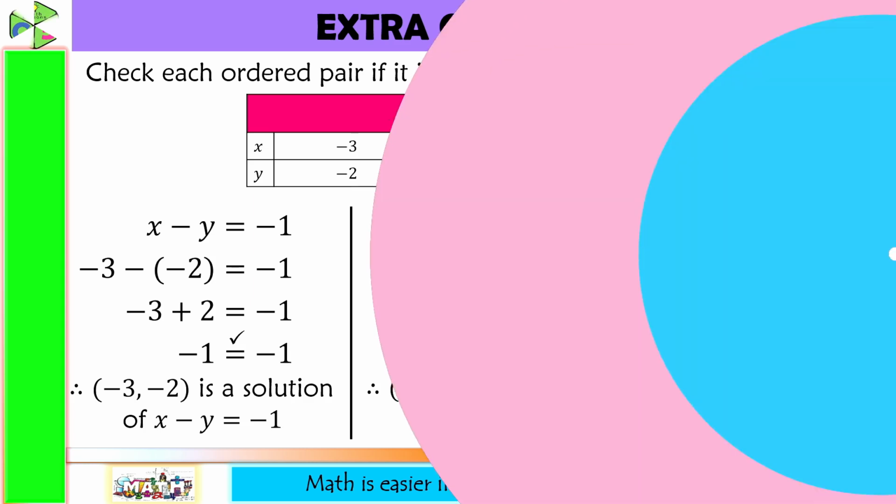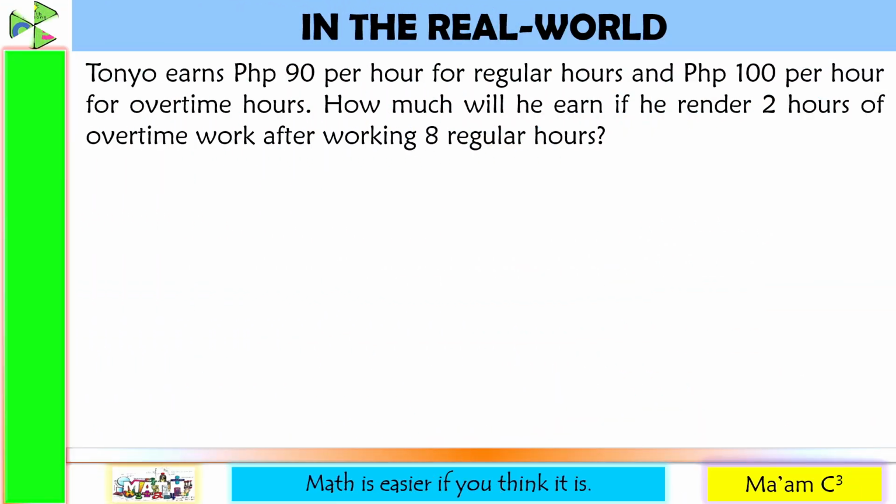Let's have another activity in the real world. Tonyo earns 90 pesos per hour for regular hours and 100 per hour for overtime hours. How much will he earn if he renders 2 hours of overtime work after working 8 regular hours?